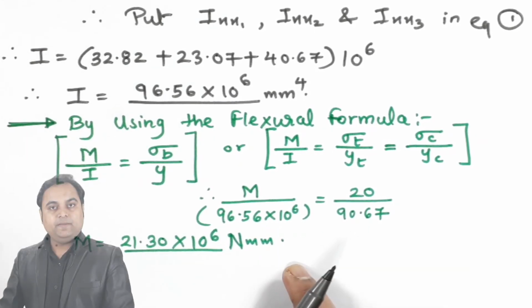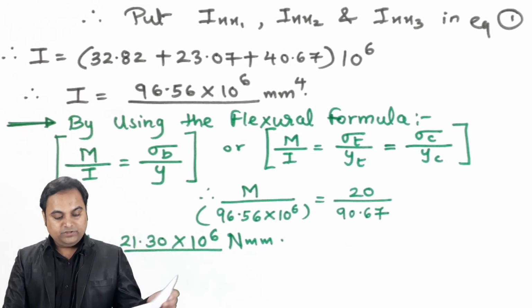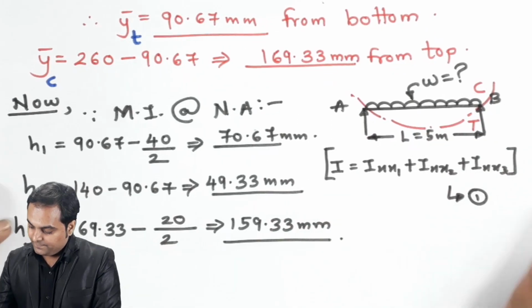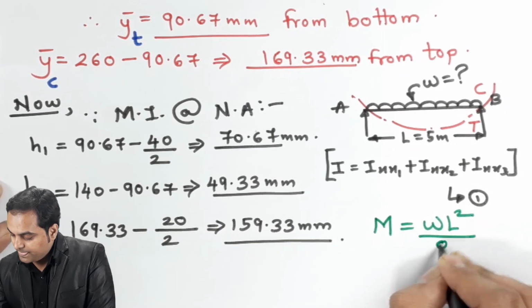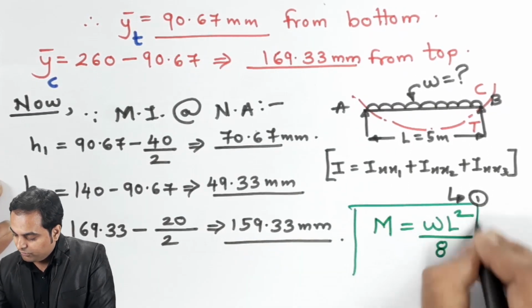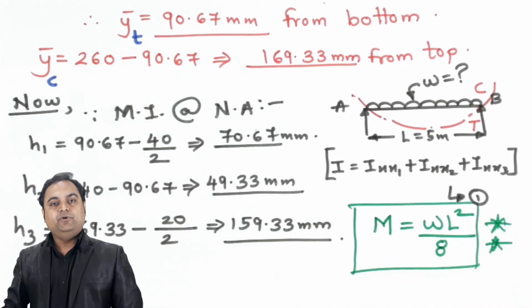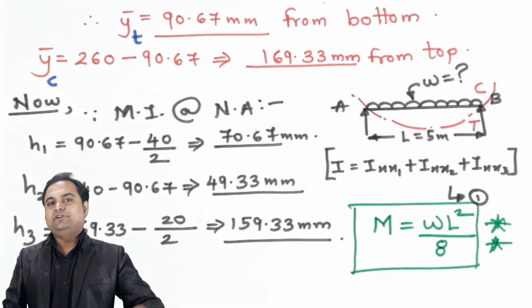Now after getting this M value, we have to remember that for a simply supported beam with UDL, the maximum bending moment is given by WL square by 8. And how this formula comes from, for that you all can refer my video in which I had explained the various cases of maximum bending moment for different kinds of beam.